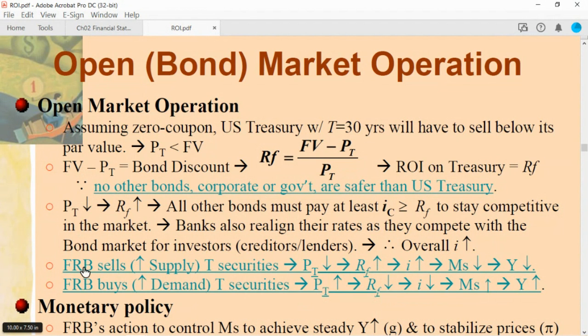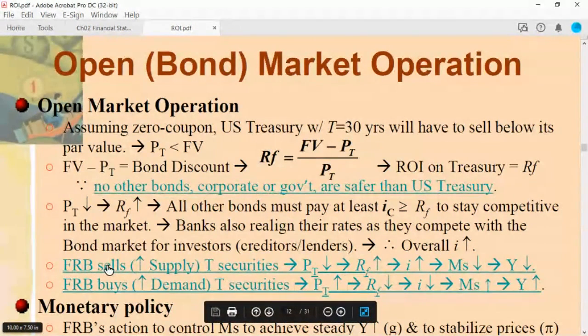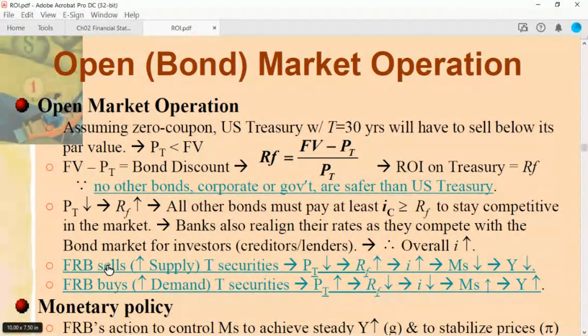But the Federal Reserve can actively do this. So think about it. If the Federal Reserve sells more treasury, that means the supply of treasury securities is going up. When there are more things on sale, what's going to happen to the price? When there's more supply, because it's not scarce and a lot of people are not competing for it, exactly, the price will go down.